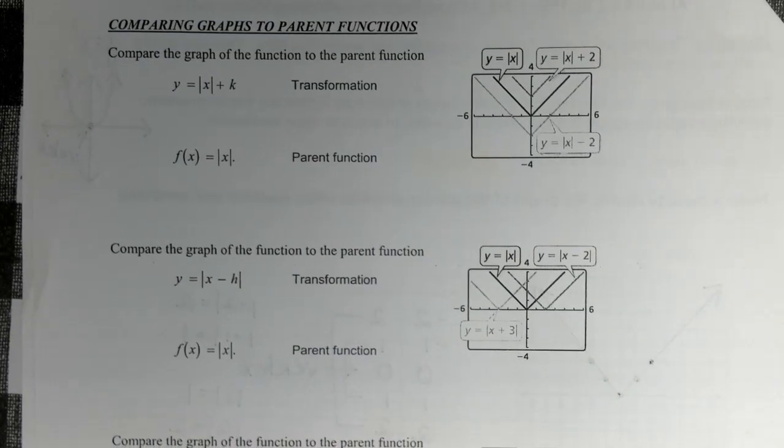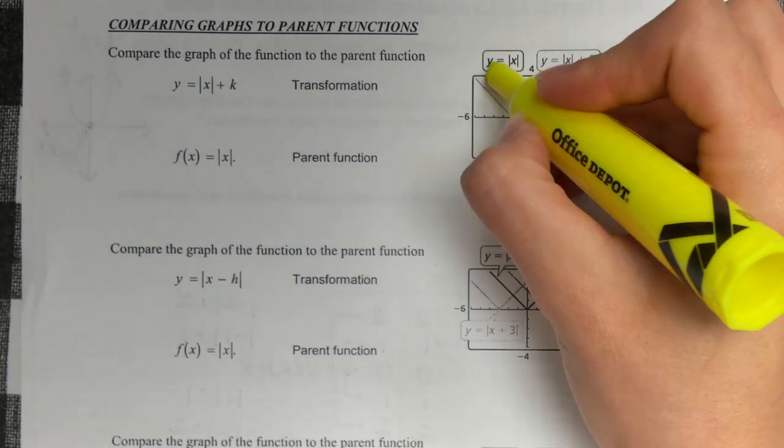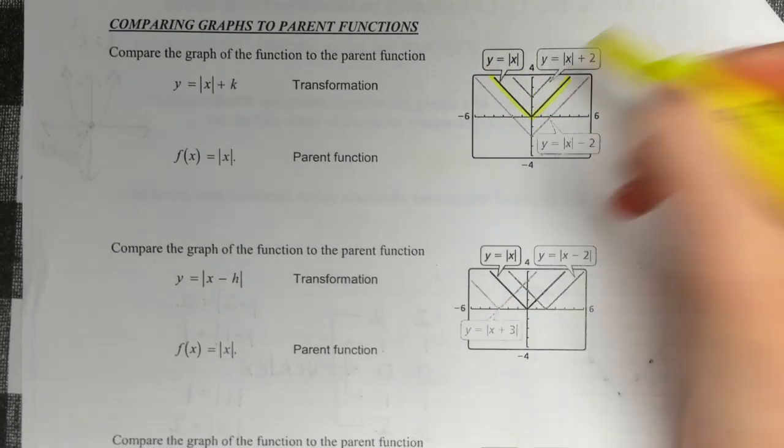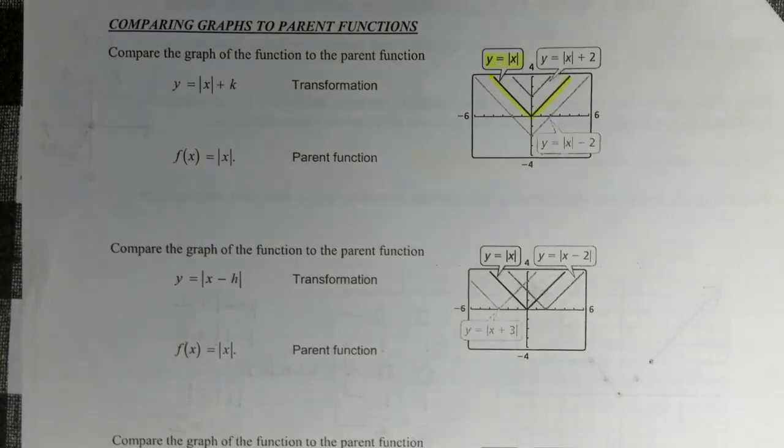Alright, so let's look at what transformations are. Okay, your transformations, you can have a translation, which means you shift up, down, left, or right, or you can have a vertical stretch or shrink. Okay, so we're going to look at each thing. Your parent function is always going to be in these graphs. So your parent function is that middle graph.